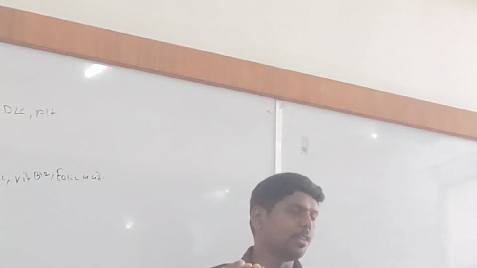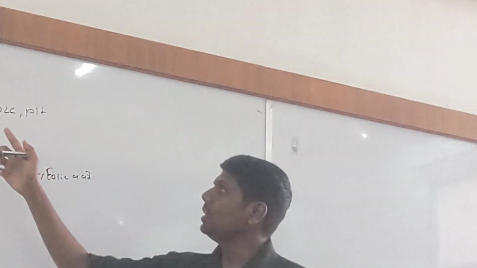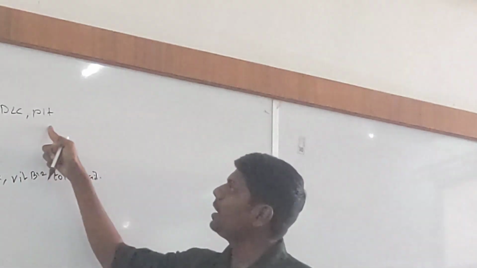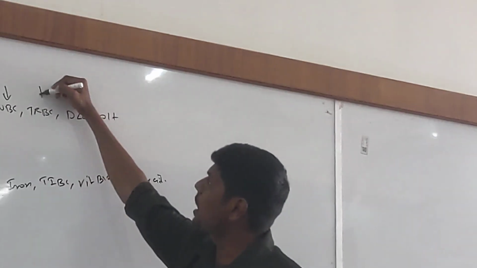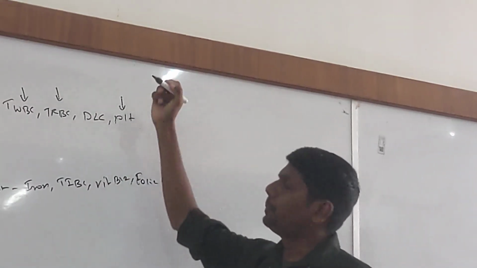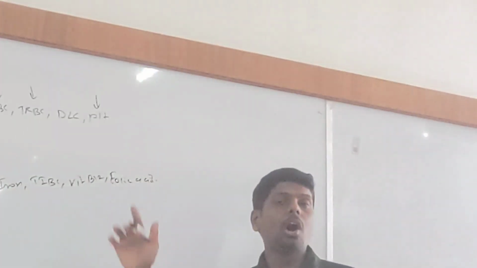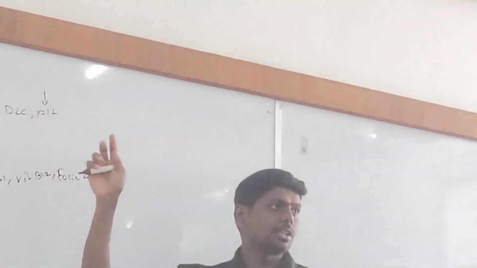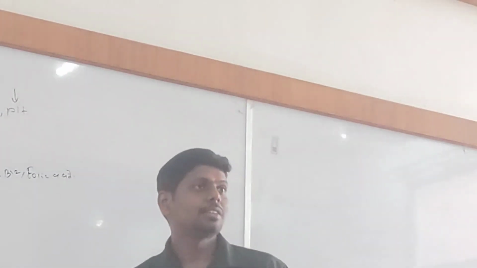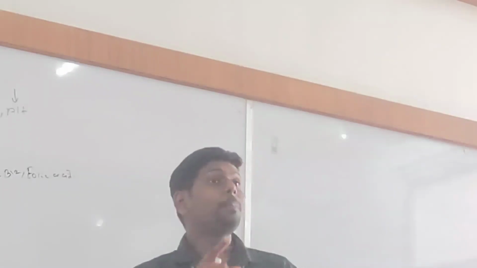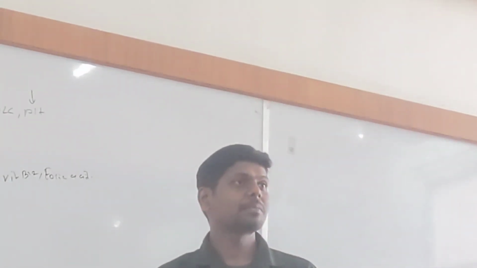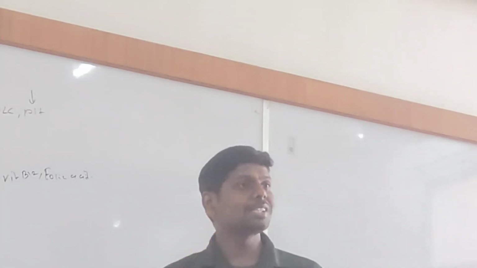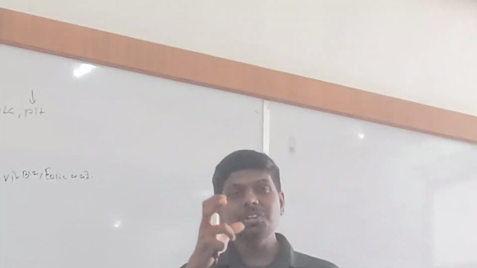I shared one definition with you in the group. If three types of cells are reduced, here TWBC reduced, RBC count reduced, and platelet count also reduced, such a condition is called... polycythemia is excessive red blood cells. Any guesses?